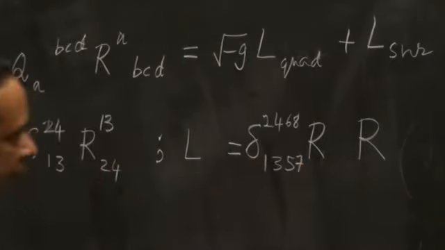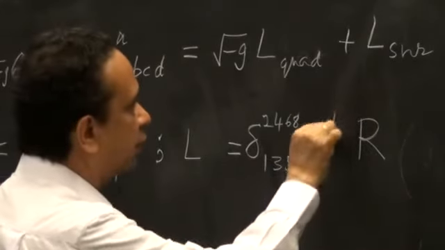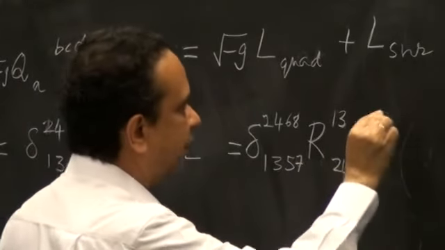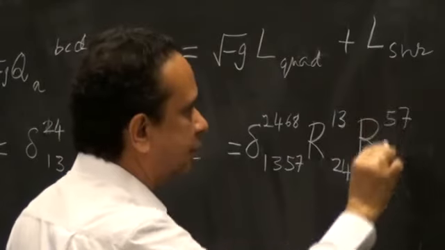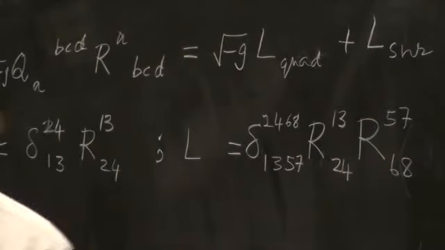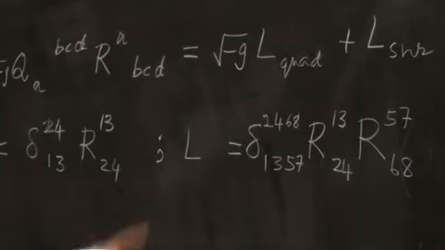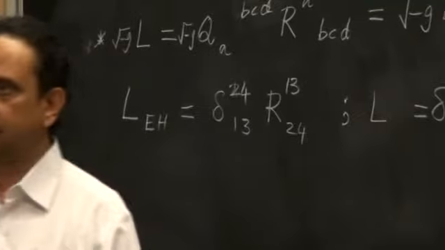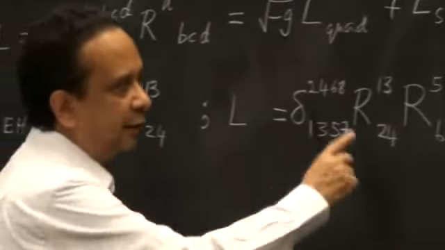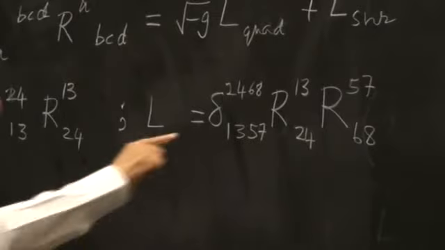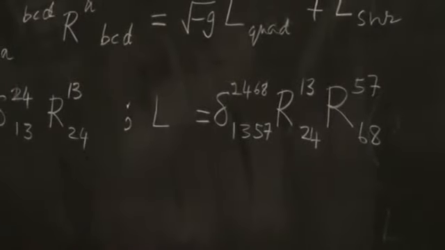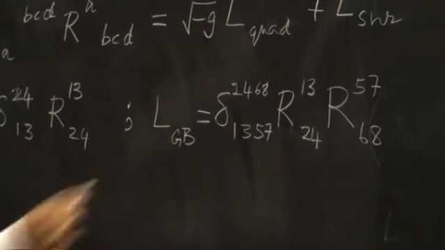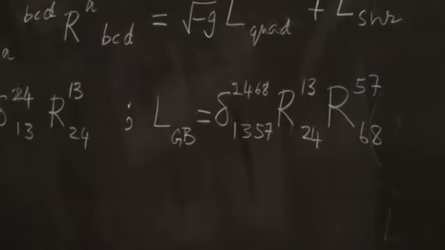So this is going to be 1, 3, 2, 4, and 5, 7, 6, 8. Again think of it as labeled A, B, C, D, I, J, K, L and the corresponding things. So I have just taken 2 copies of the curvature tensor and multiplied it by the determinant tensor. This Lagrangian is known as the Gauss-Bonnet Lagrangian. The integral of that gives you the Gauss-Bonnet term.